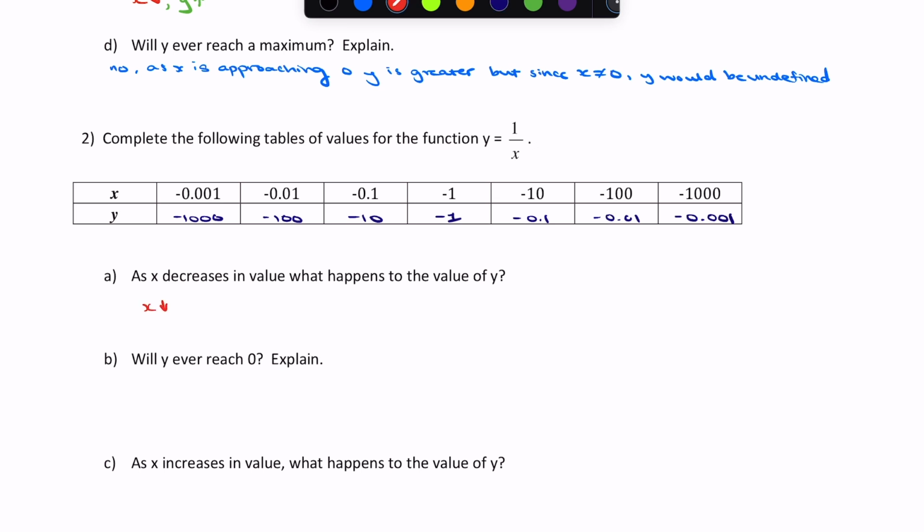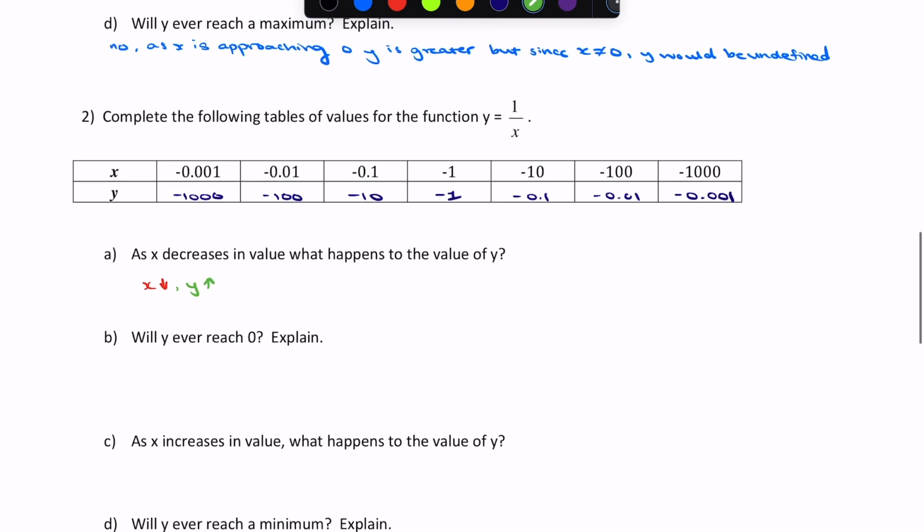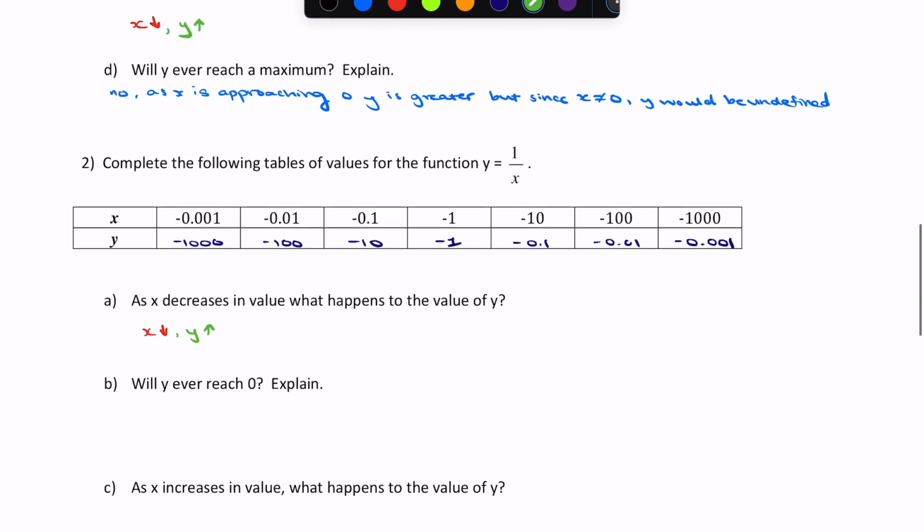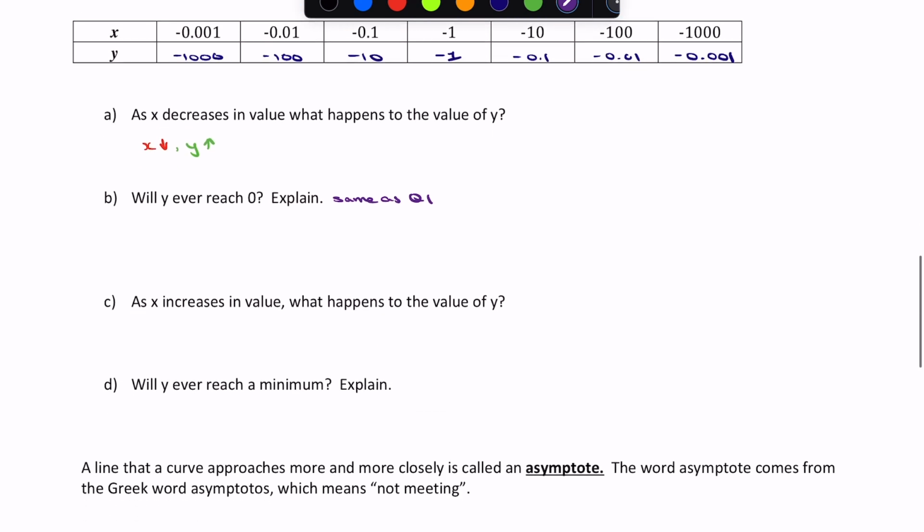And so what happens now, as x decreases in value, what happens to the y value is, again, as x decreases, y will increase. And then same as the first question, will y ever reach 0? Same as question 1. And then as x increases in value, then y will decrease.